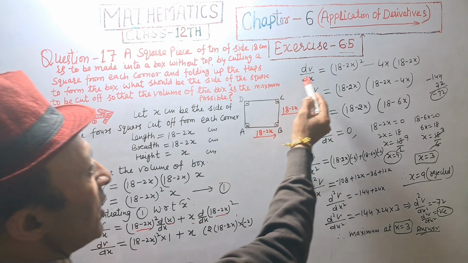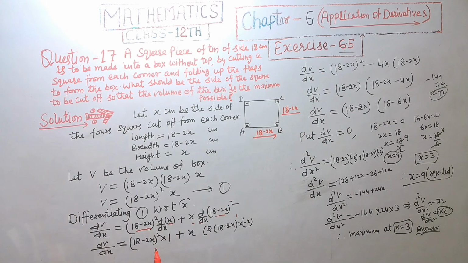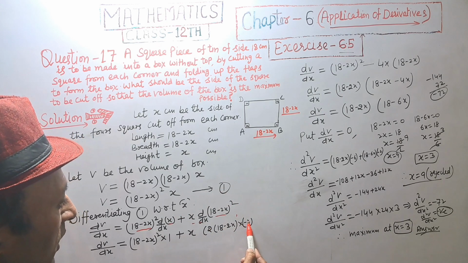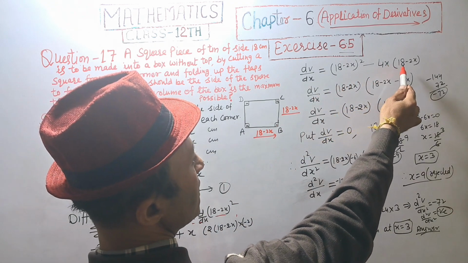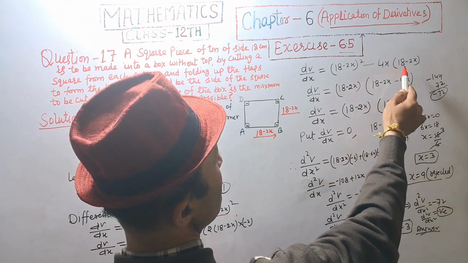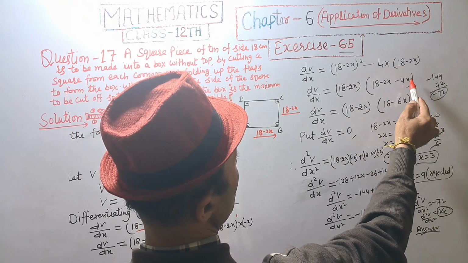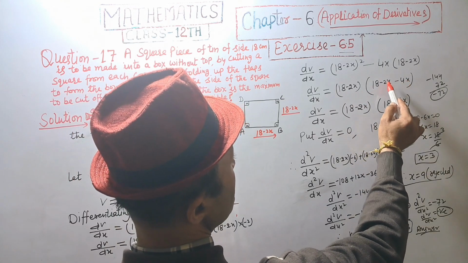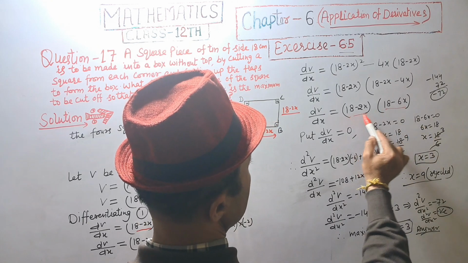dV upon dx is equal to (18 minus 2x) squared, plus 2 multiplied by minus 2, that is minus 4, into x, minus 4x into (18 minus 2x). Taking common 18 minus 2x, in the bracket we get 18 minus 2x minus 4x minus 2x, that is 18 minus 6x.